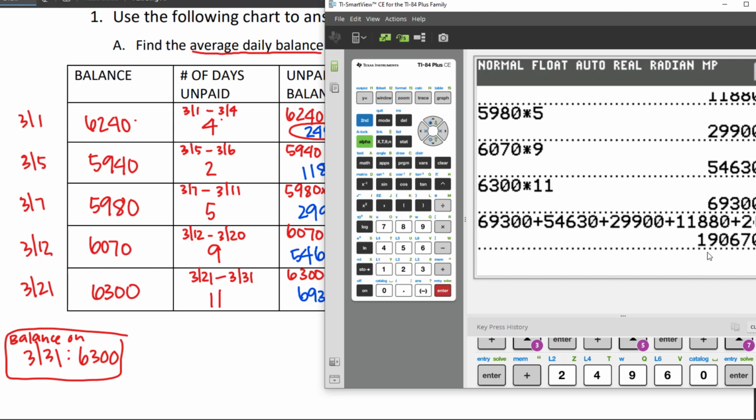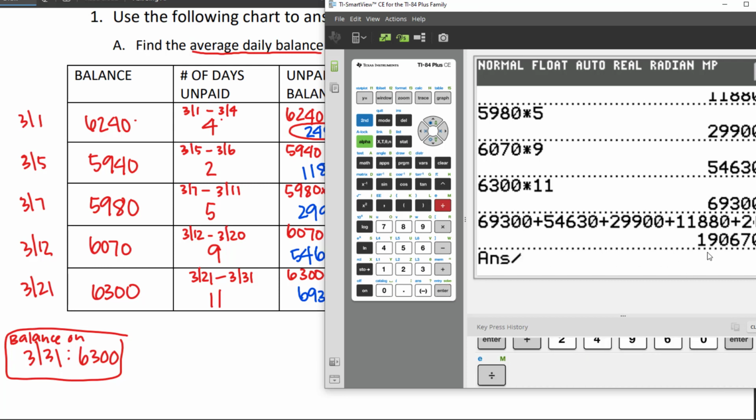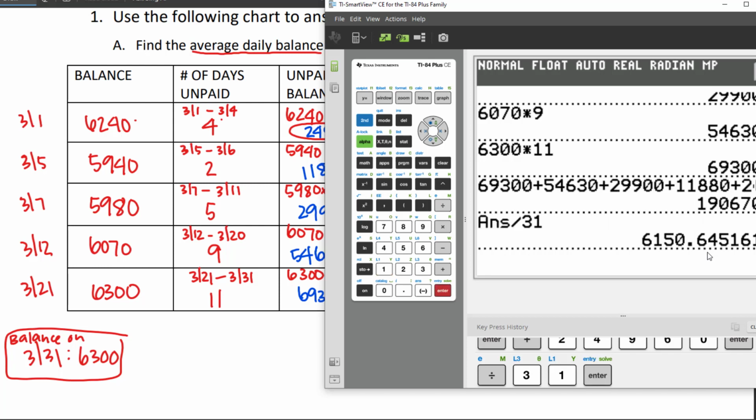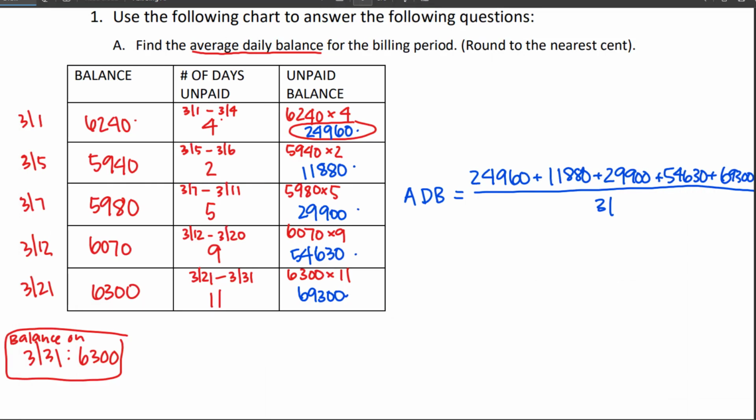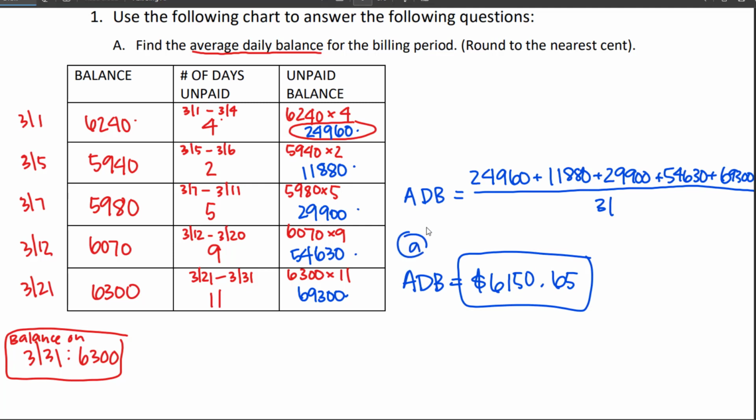So 190,670 divided by 31 gives us 6,150 and 65 cents. So on part A, our average daily balance equals $6,150.65. This is part A.